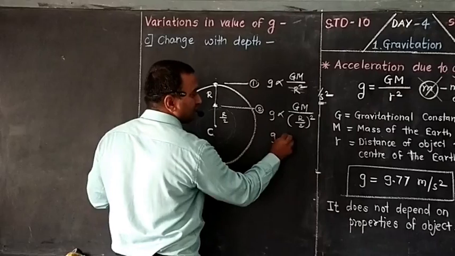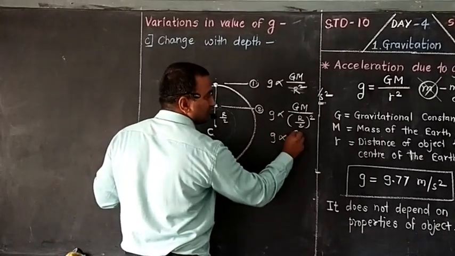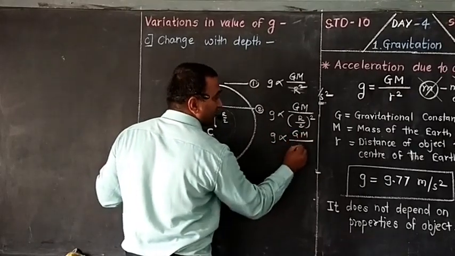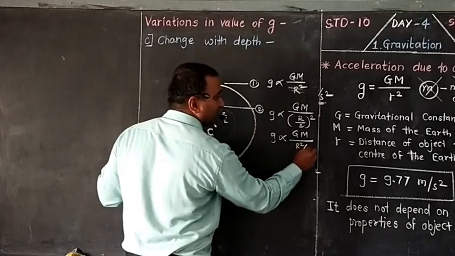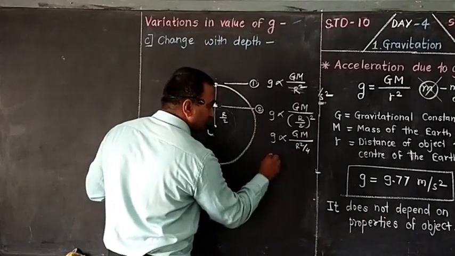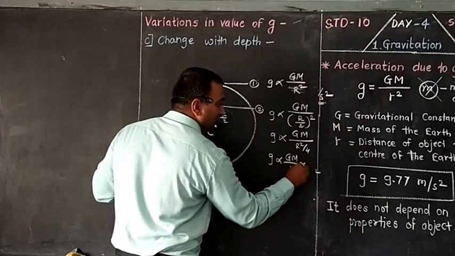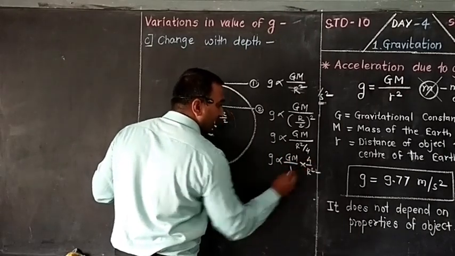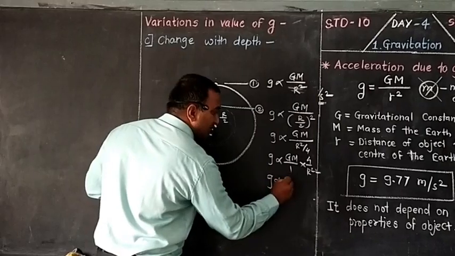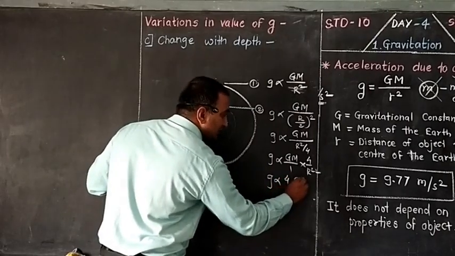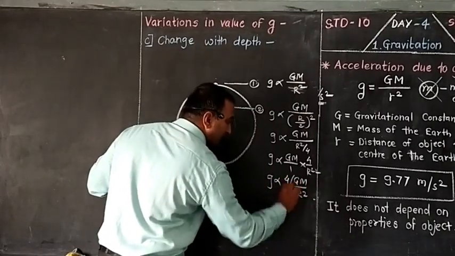So g is GM divided by r square divided by 4. So g is GM into 4 divided by r square. So g is 4 GM divided by r square.